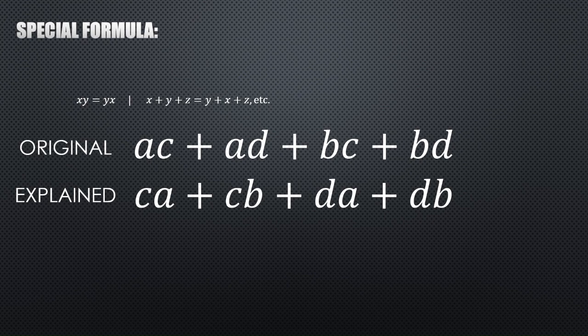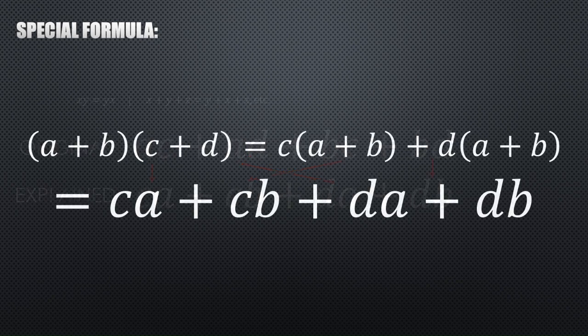So if we look here, AC can also be written as CA, then BD can also be written as DB. Then AD is turned into DA and placed on the other side. BC similarly is turned into CB and placed on the other side. Thus, we can confirm that this is pretty much the same thing that we explained.